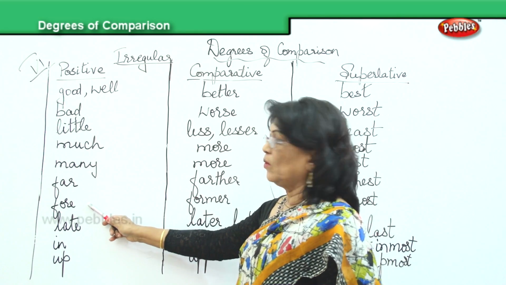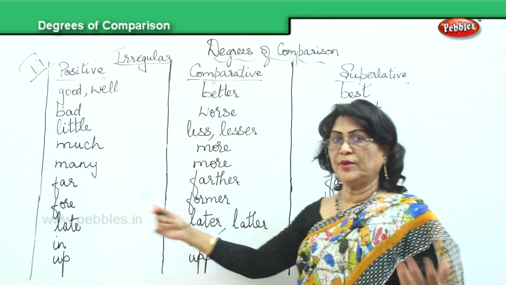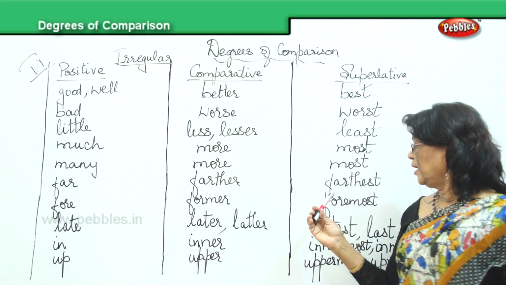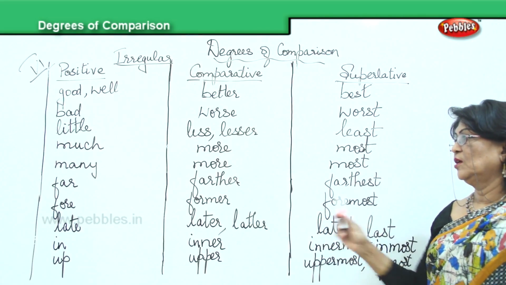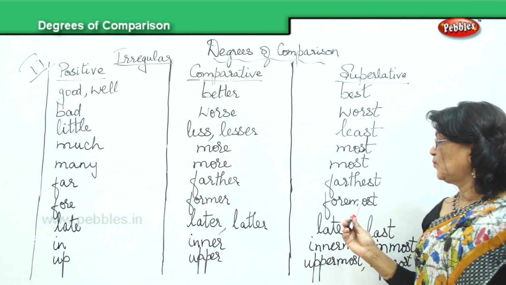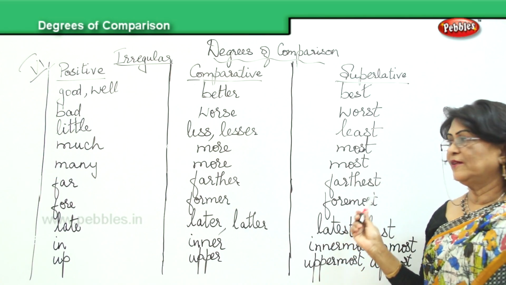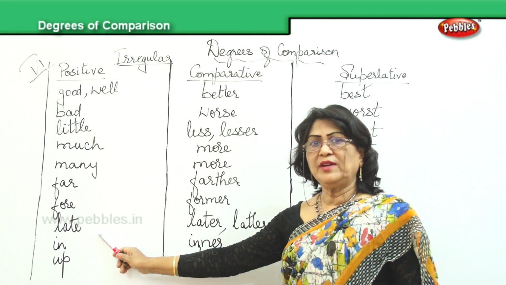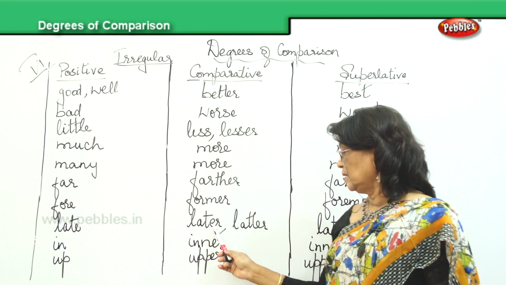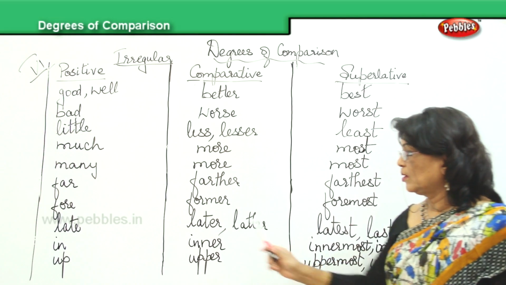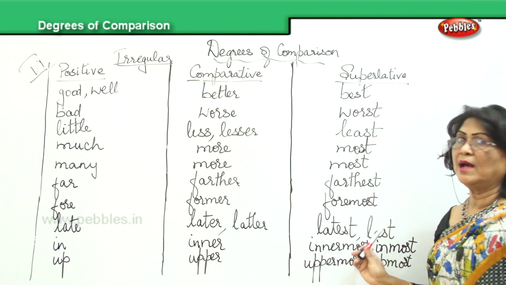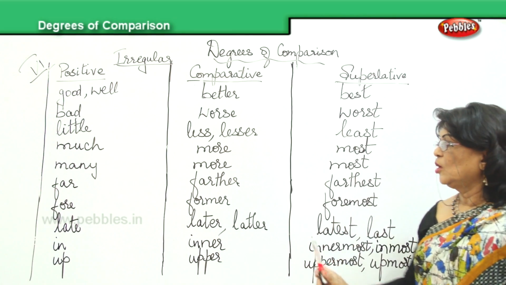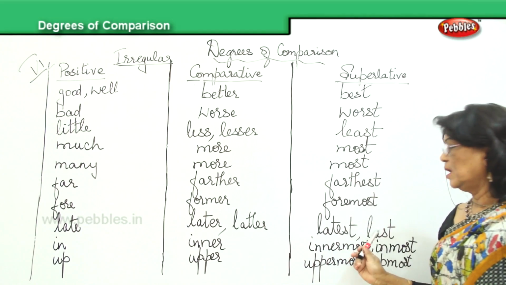Same way, for, F-O-R-E, before, forehand. So, former and foremost. The ordinary adjective late becomes later and latest or latter and last. Late, later, latest or late, latter, last.